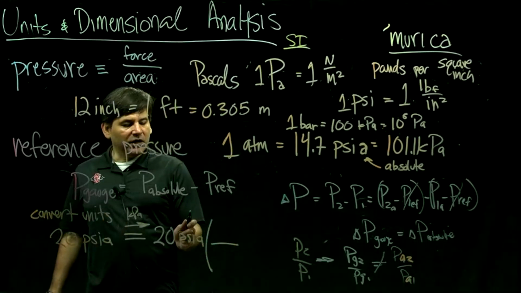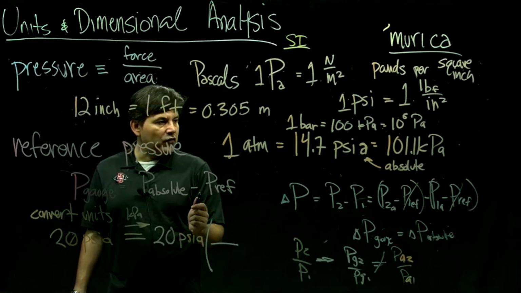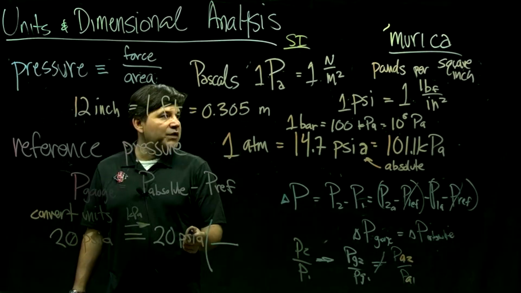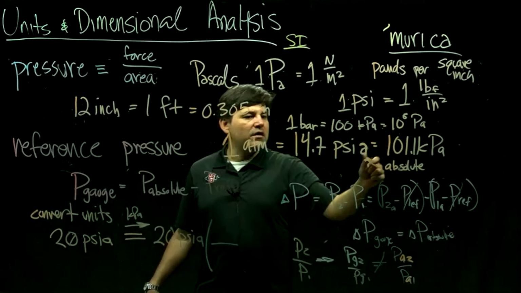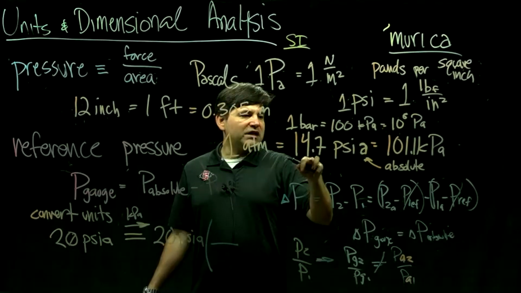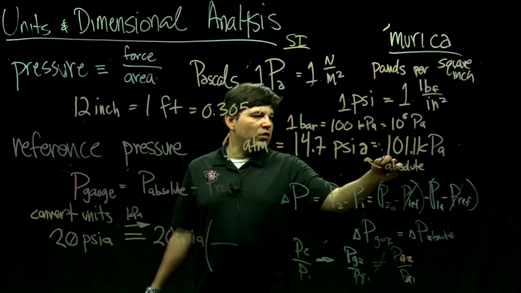You'll have to find a 1-to-1 relationship of psi to kPa. So here we are: 14.7 psi per 101 kPa.